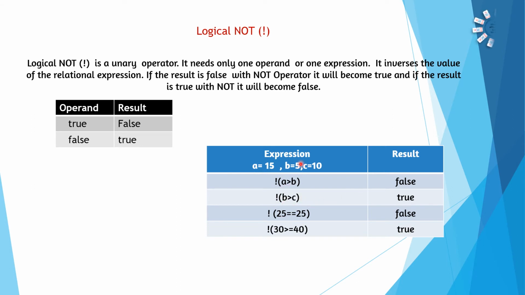B greater than C, the answer is false, but when you put the NOT sign, the opposite result will come, that means true. 25 is equal to 25, it is the same, so the answer is true, but with the NOT sign it will become false. And 30 is less than 40... the answer is false, but with the NOT sign it will become true. That means the NOT sign will invert the result. It can be used as a unary operator also.